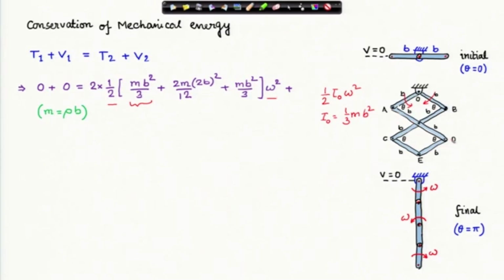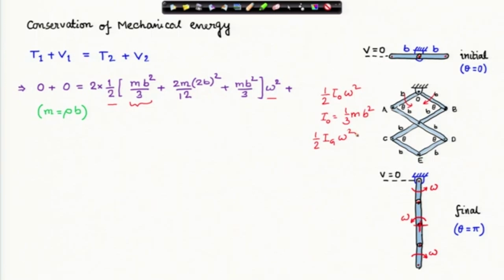Now, let us look at the bar AD or BC. They are identical bars. In the final state, they are actually rotating about this point. This point has 0 velocity at this instant, because in the fully stretched condition, this hinge will come to rest, and therefore these 2 bars are rotating about this fixed point. Therefore, I can write the kinetic energy of the bars AD or BC as half I_G times omega square.